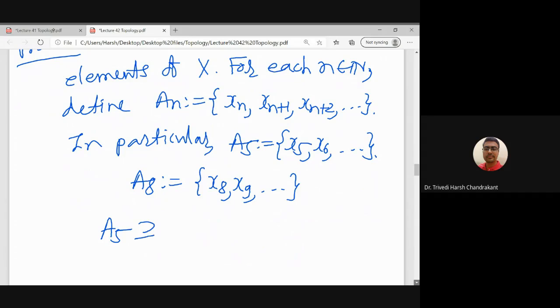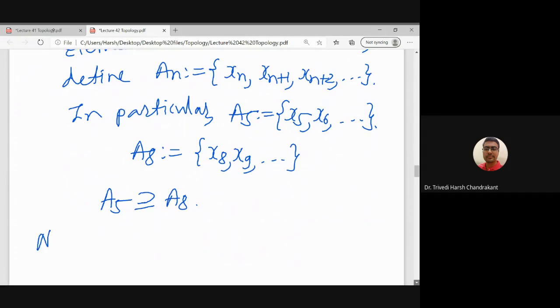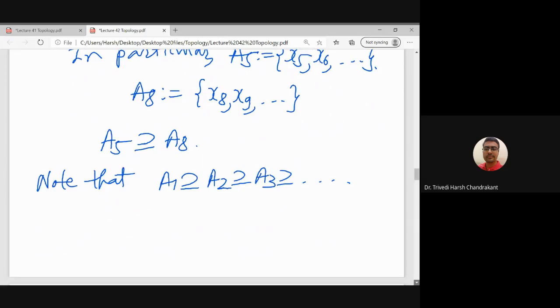So A5 contains more elements than A8. Basically, A1 contains A2, A2 contains A3, and so on. So it is a decreasing sequence of subsets of X, and each of these sets contains infinitely many points. That is very important.